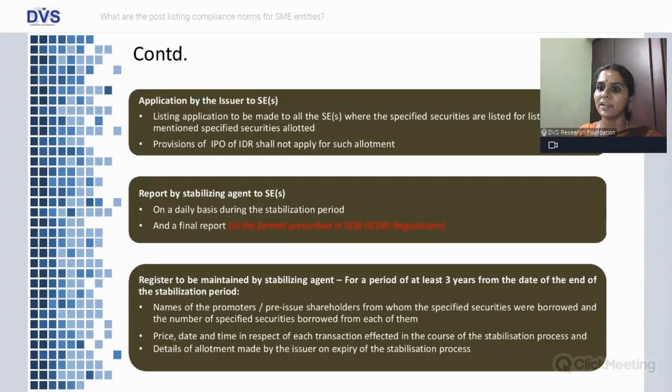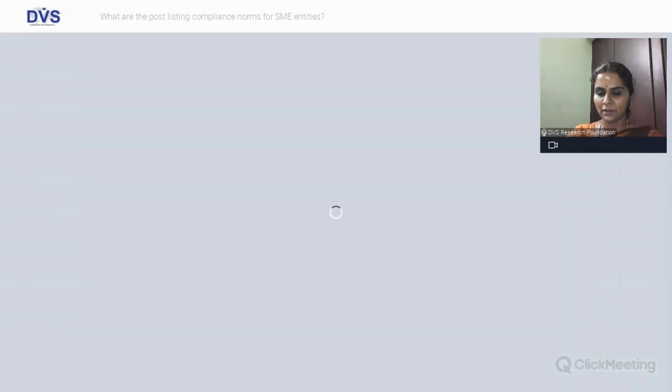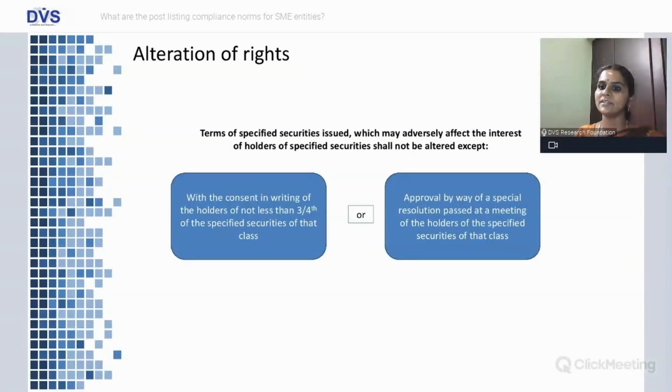The same shall be like your register of members. You have to make a separate category of register for this purpose, and more importantly, the event date when the transaction has occurred, and the details of allotment which are made by the issuer on the expiry of the stabilization period. So all these details you may have to maintain in a separate register.